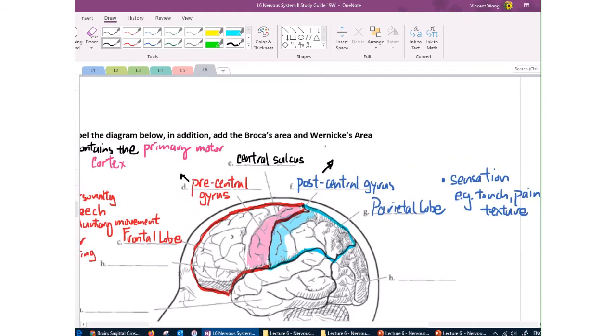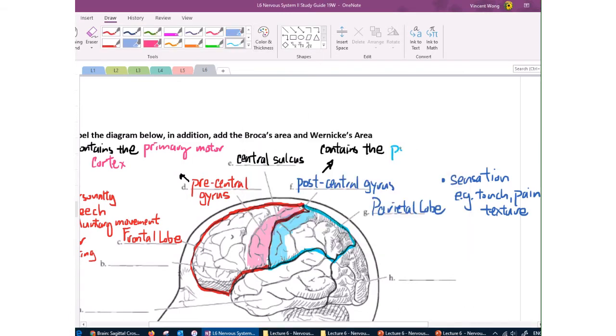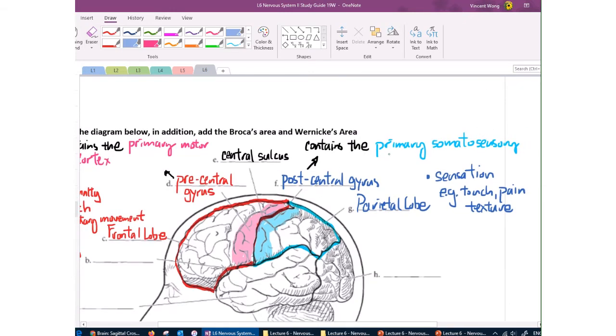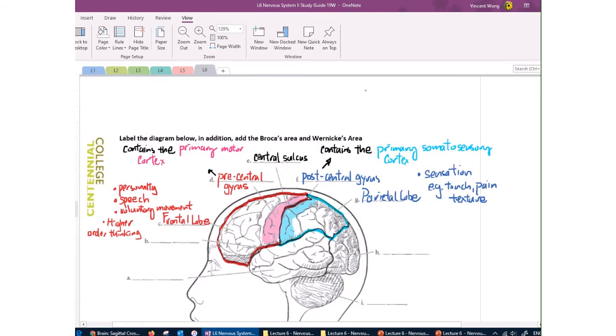Right? It contains the primary somatosensory cortex. Somato means bodily, right? So these are bodily senses. Cortex is basically a defined functional area that has a particular purpose.